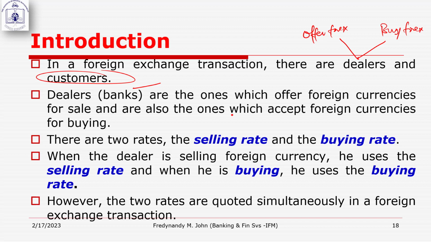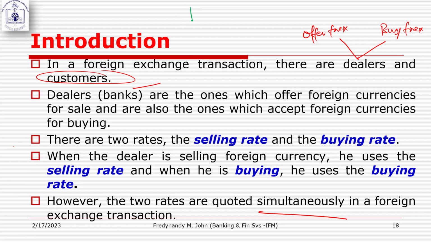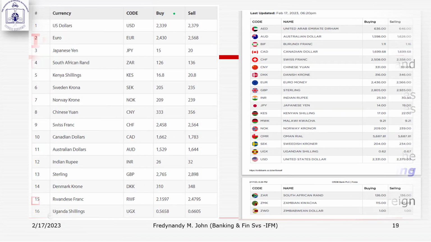That can be an example. In most cases, we expect the quotation to be quoted simultaneously. Simultaneously means that in any given quotation, we expect to see both the buying rate and the selling rate. This is a complete exchange rate quotation.